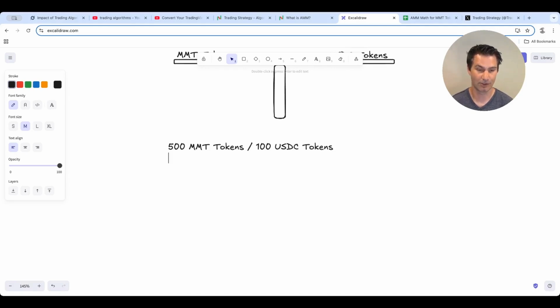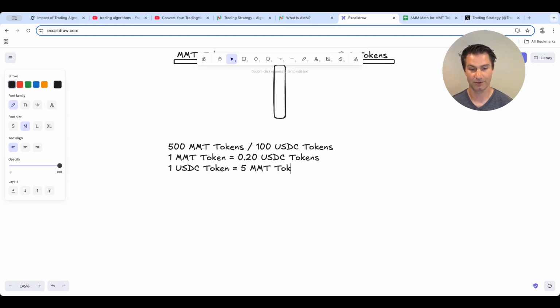Okay, great. So what are we saying here? We're saying that one MMT token is 20 cents, right? 0.2 USDC tokens, and one USDC token is going to be 5 MMT tokens. Okay, great. So this is our initial liquidity pool.